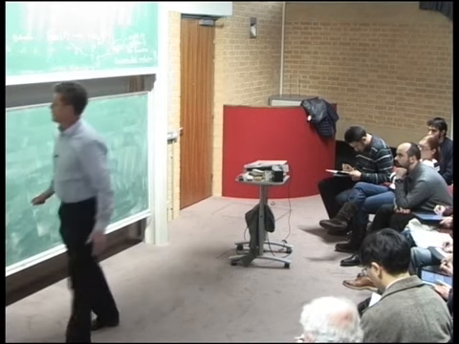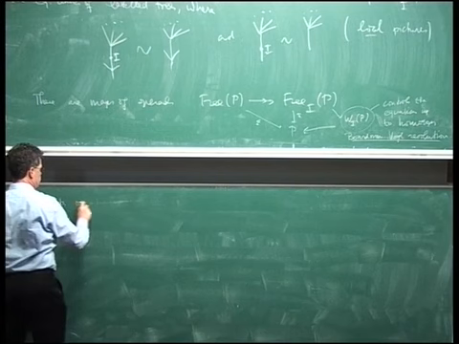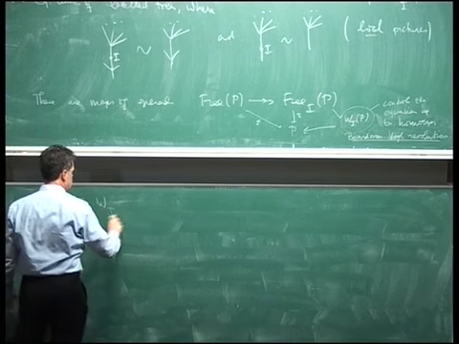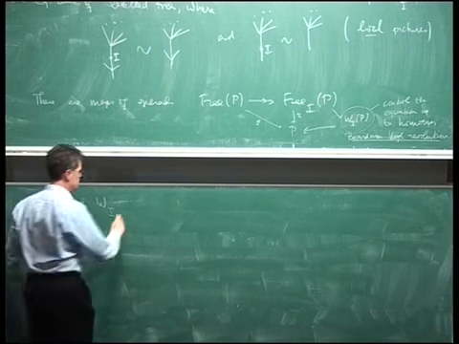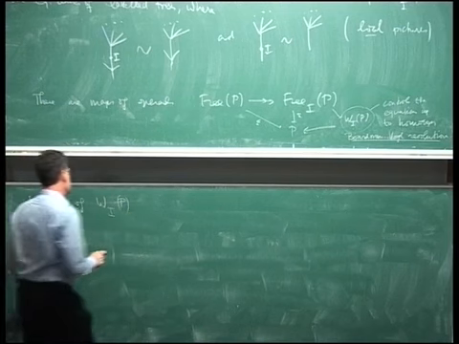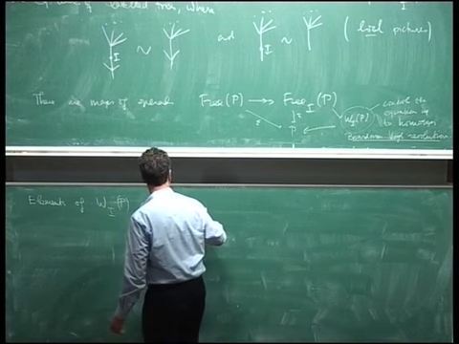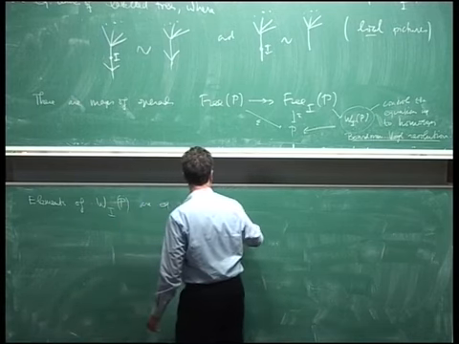So the elements of W, I may forget this I later on, but that will just be a mistake then, are equivalence classes of planar trees.